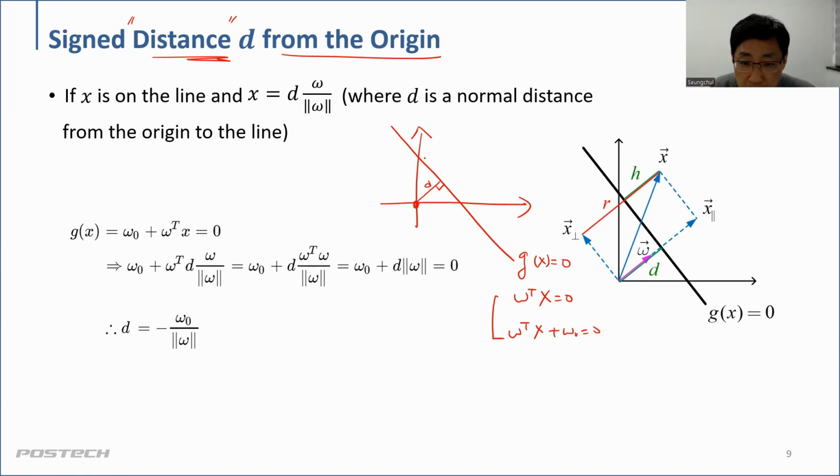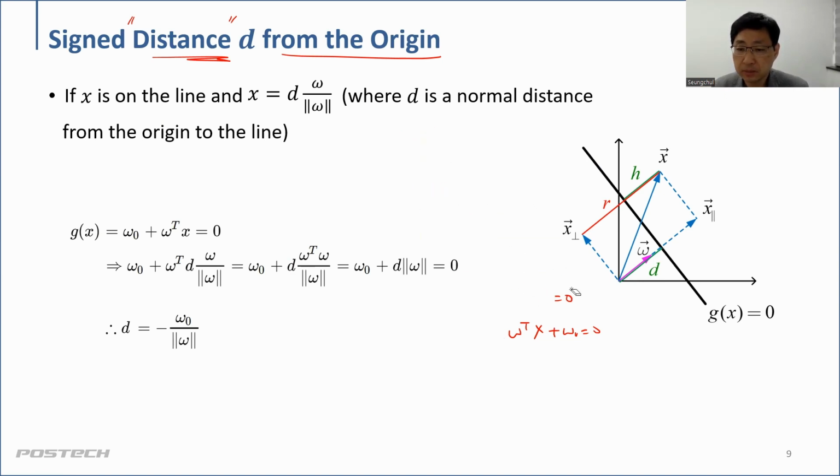So let's compute this. I'm going to erase that. We know the direction: the direction is omega.